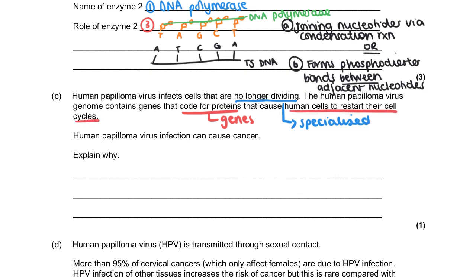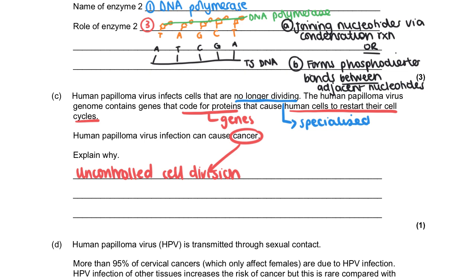The human papillomavirus infection can cause cancer, and we need to figure out why. So using our knowledge of cells that have left the cell cycle and what cancer is. Cancer is caused by uncontrolled cell division. Now, if this human papillomavirus is causing these cells to restart their cell cycles, that is uncontrolled.